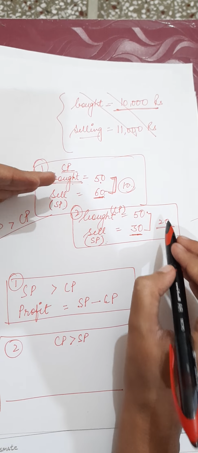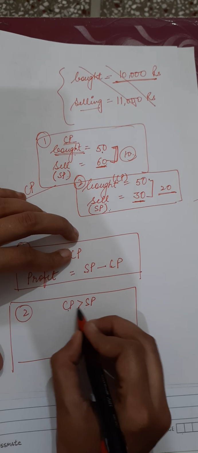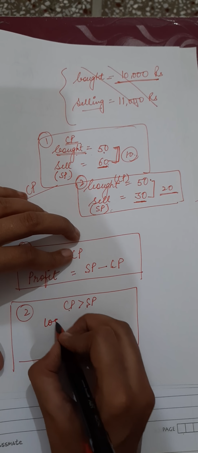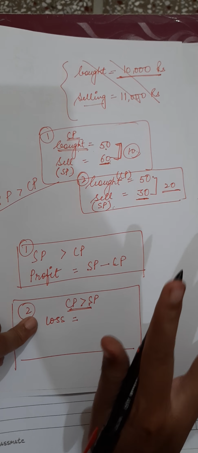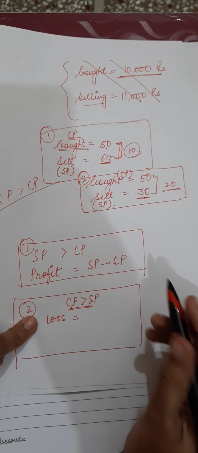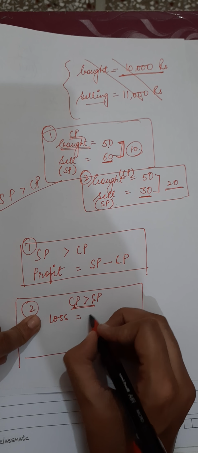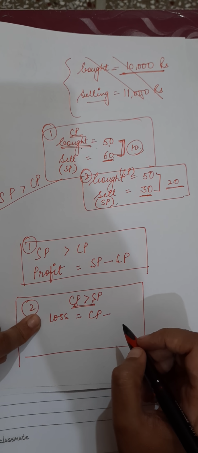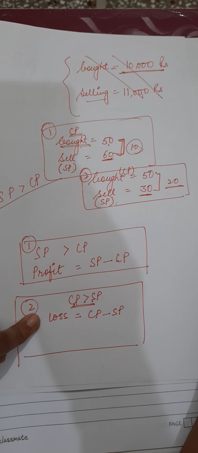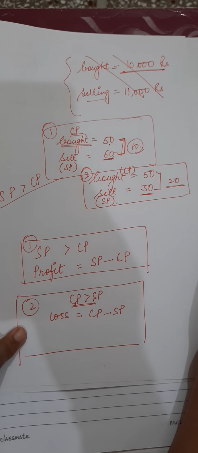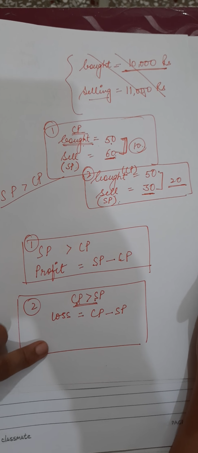So that means I was at a loss. So when CP is greater than SP, then we are having a loss. That means I am going to subtract these two, and obviously when we are subtracting, the bigger number comes first. So here CP is greater, so this will be CP minus SP. Okay. That's how we are going to find the profit and the loss.